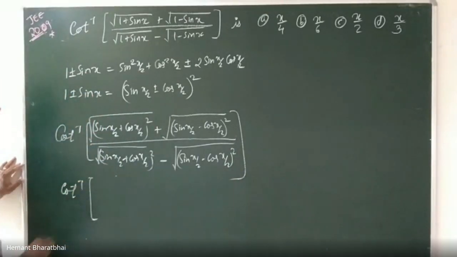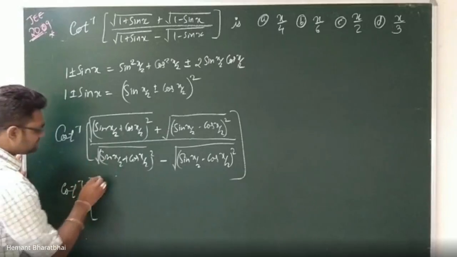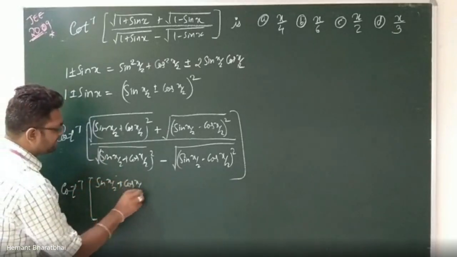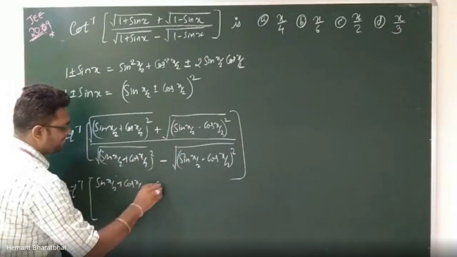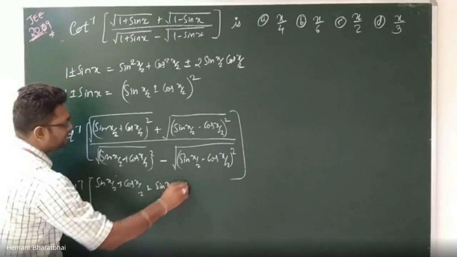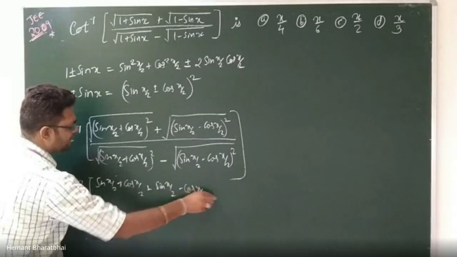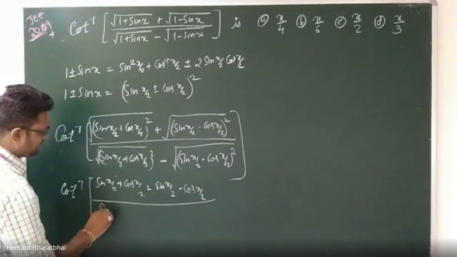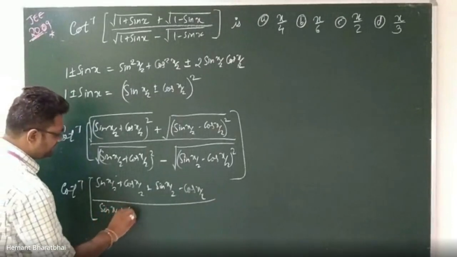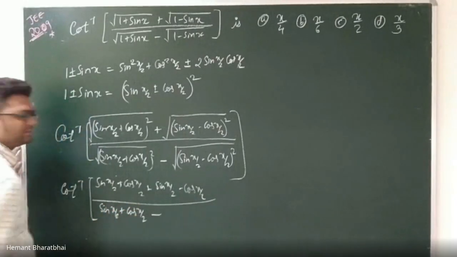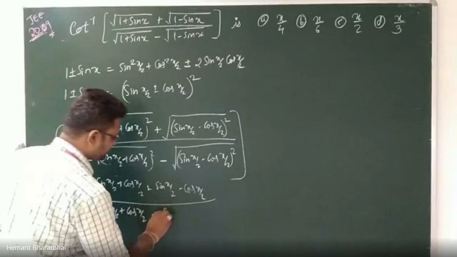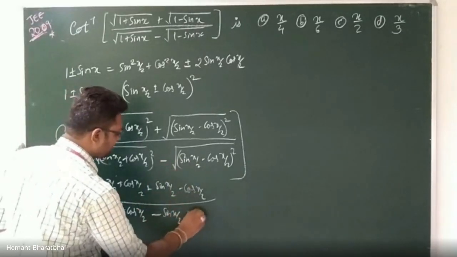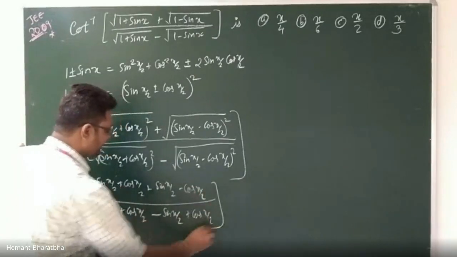Therefore, I will get cot inverse of sin x by 2 plus cos x by 2 plus sin x by 2 minus cos x by 2 in the numerator. Similarly, in the denominator, sin x by 2 plus cos x by 2 minus sin x by 2 minus minus, which becomes plus cos x by 2.